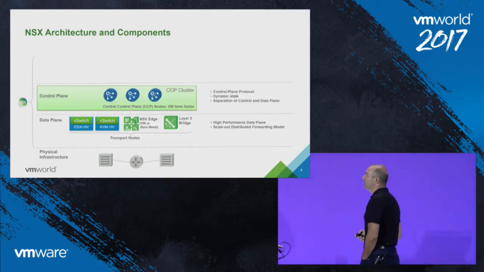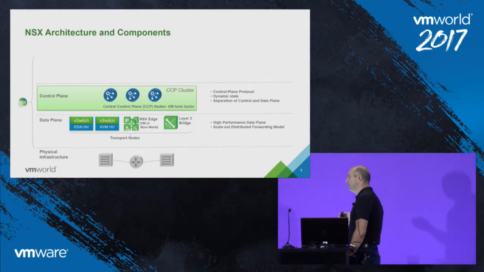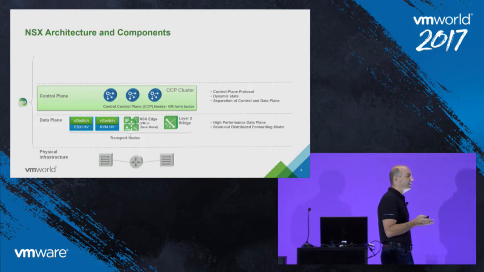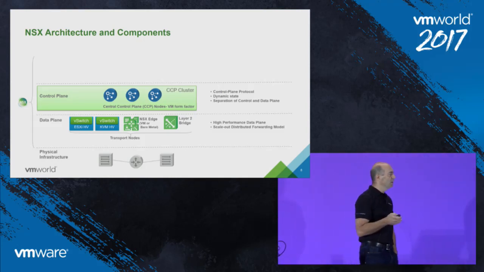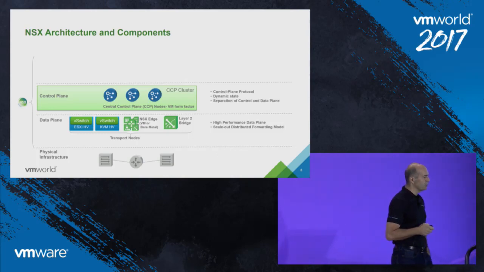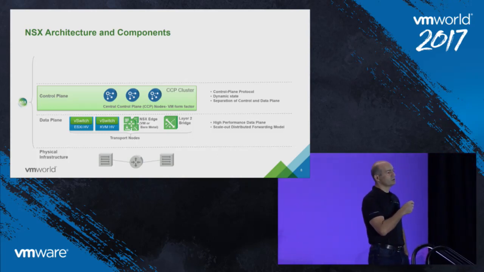So above the data plane, we have the control plane, which is actually a cluster of 3 VMs for scale out and redundancy. Those are 3 central control plane nodes, as we call them. There are actually local control planes on the transport nodes. I've not represented them, but it's actually distributed for performance reasons.